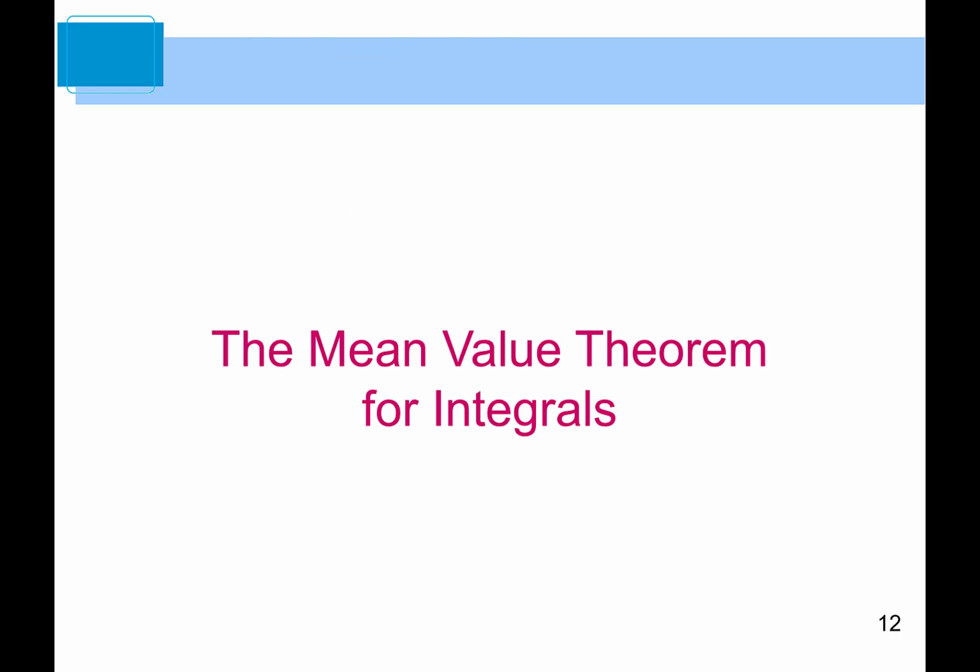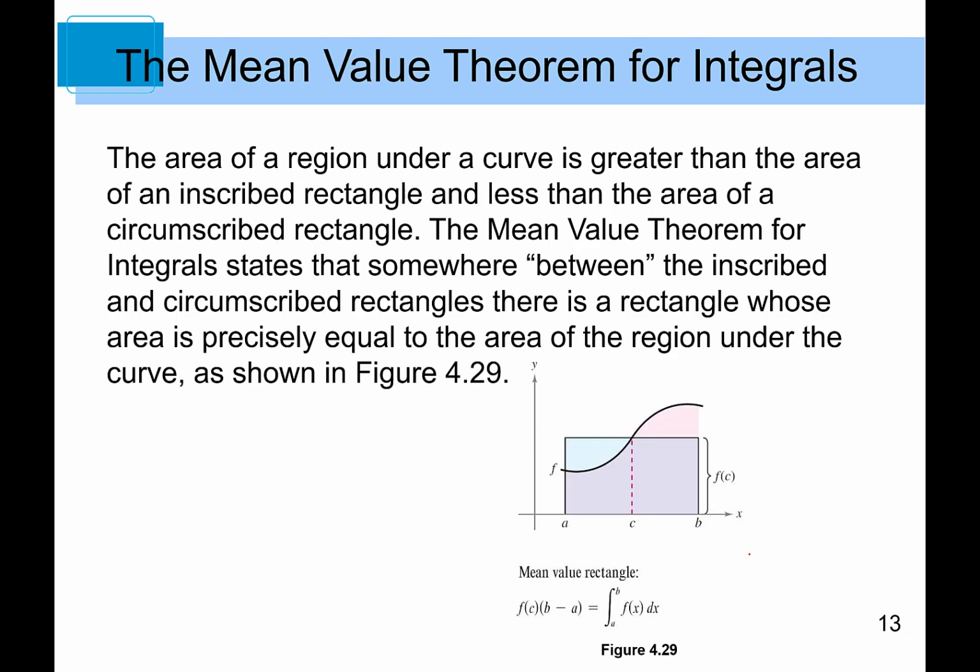And next, let's take a look at the mean value theorem for integrals. We'll probably also see the relation to the mean value theorem as MVT. Okay, so basically, the area of a region under the curve is greater than the area of the inscribed rectangle and less than the area of the circumscribed rectangle.